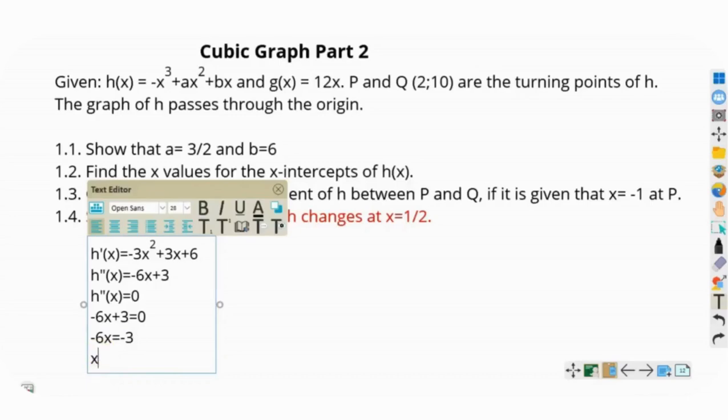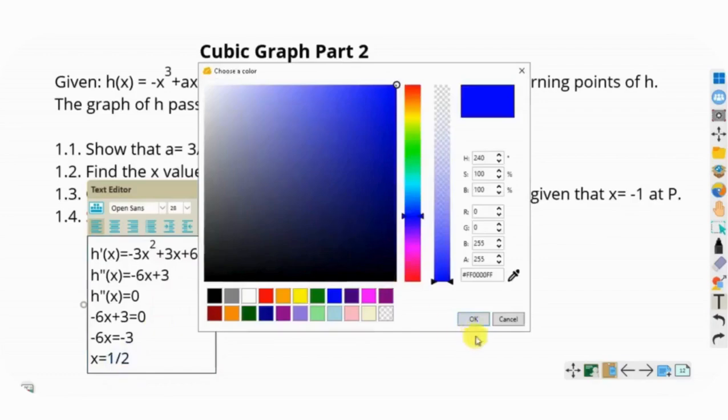So x equals 1 over 2. So we have proved that the concavity of the graph changes at this point.